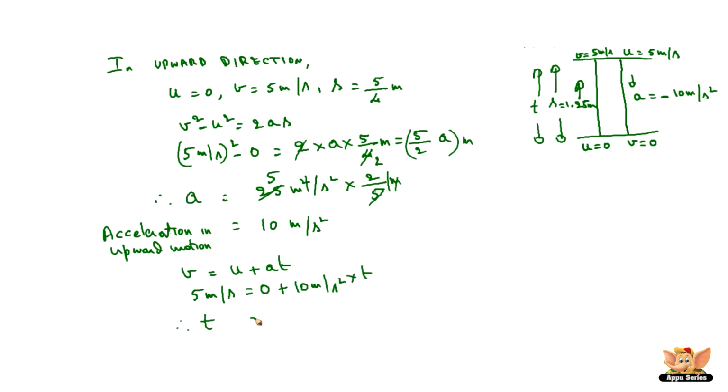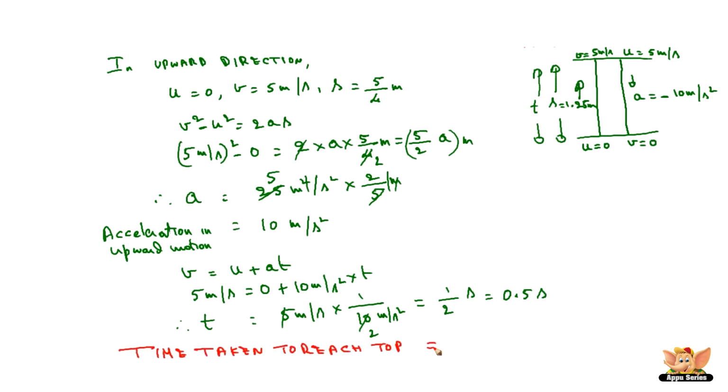Hence, t is equal to 5 meters per second into 1 by 10 meter per second square, which is nothing but 5 2's, so 1 by 2 seconds, which is 0.5 second. Hence the time taken for the stone to reach the top is 0.5 seconds.